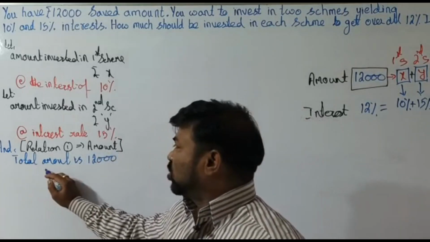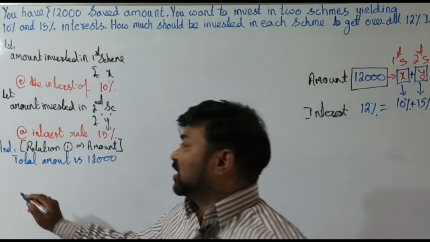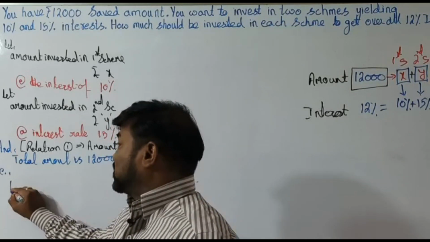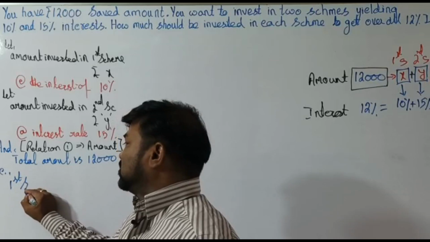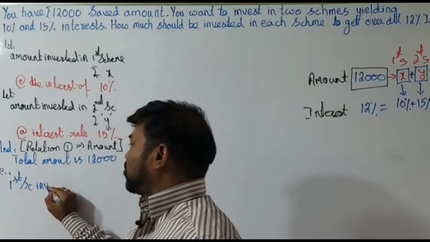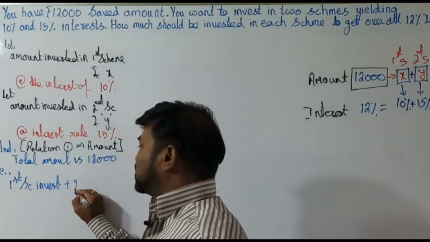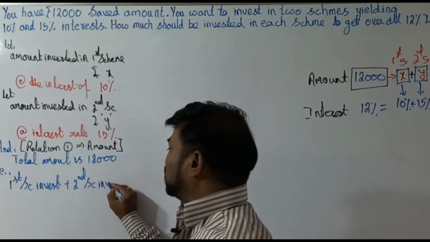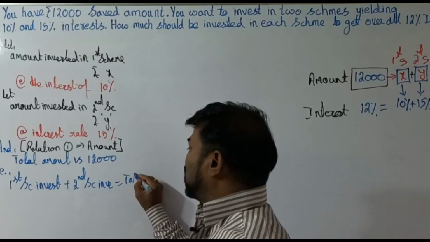So what he says is the total amount is rupees 12,000. First scheme investment plus second scheme investment equals total money.